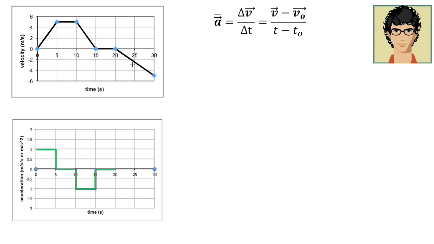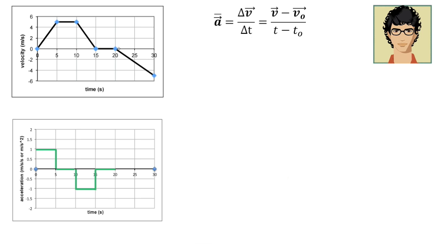Now, notice the slope here from 20 seconds to 30 seconds. The slope is the same throughout. So rather than try to look at the 5-second interval, it's much easier to look at the interval over here that is 10 seconds long, okay? So we'll do just that.